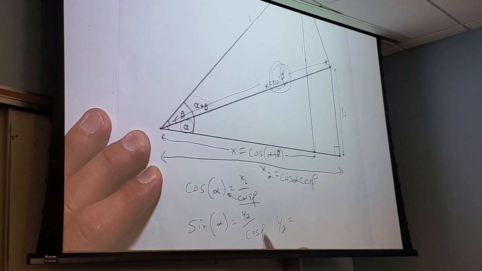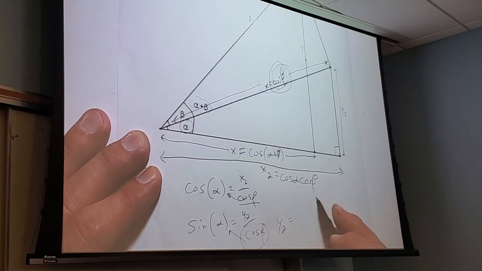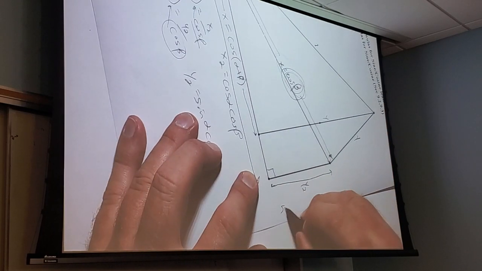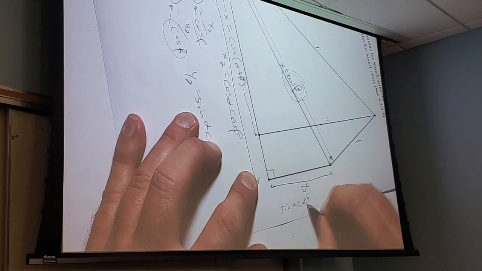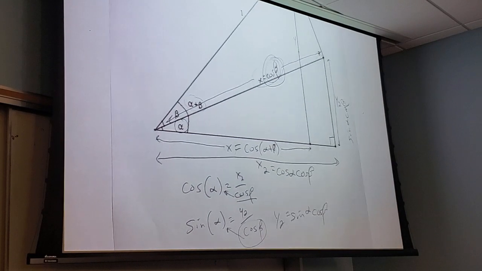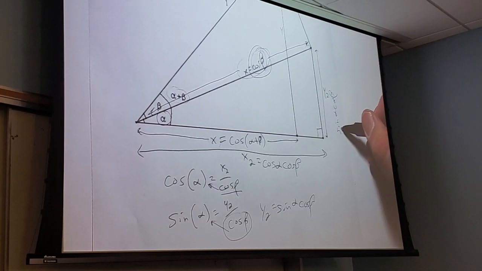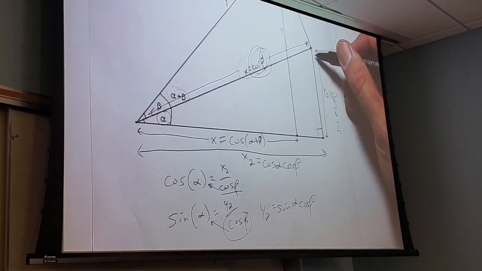So isn't y2 equal to, just multiply this cosine beta up, sine alpha cosine beta? So this is equal to sine alpha cosine beta, right here.